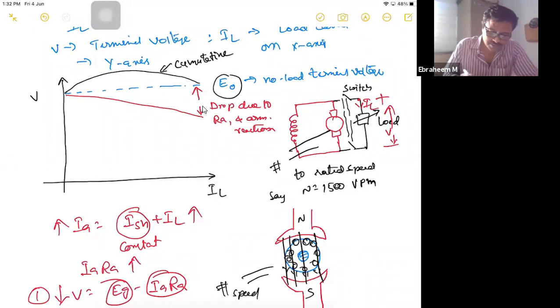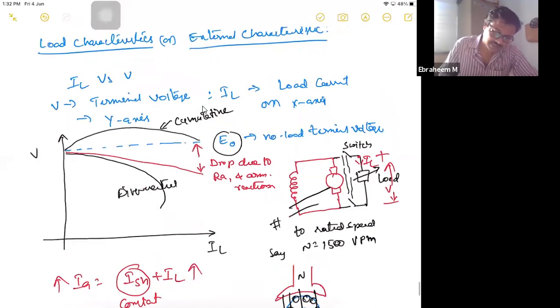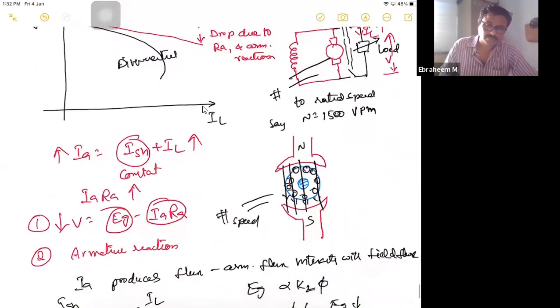If differential, meaning if the series flux opposes the shunt field flux, it will be worse. It will be still lesser than differential compounded generator, right? So these are the external characteristics of DC generators, right? I hope it is clear to you. Clear?